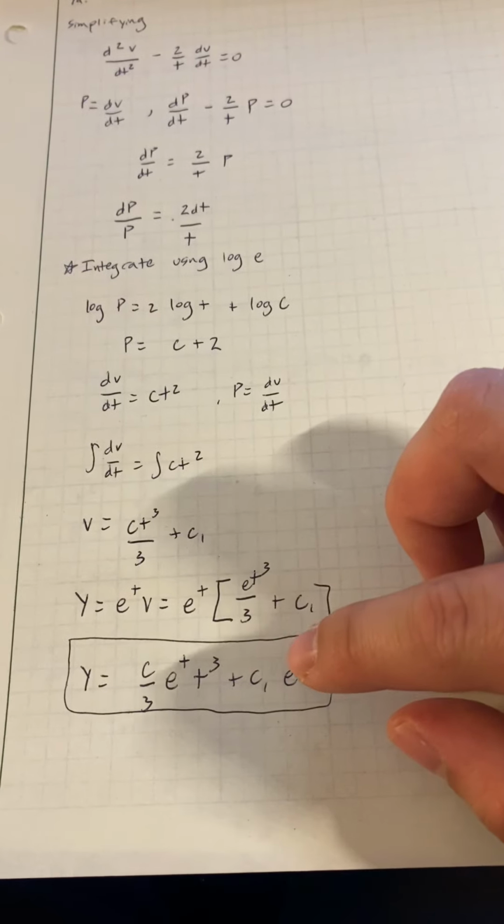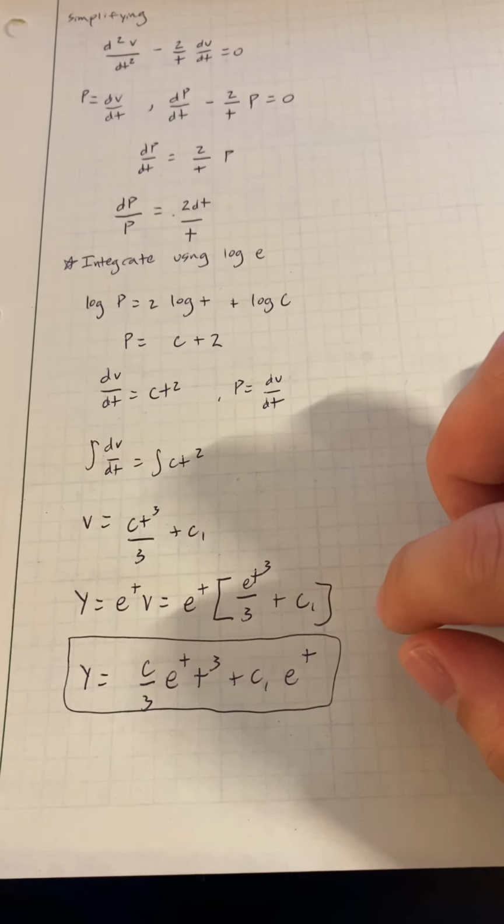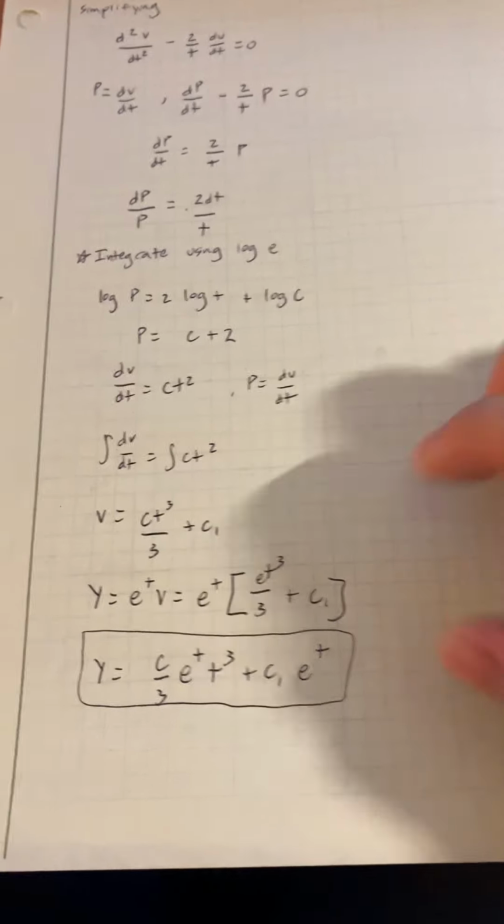This is the final answer: c over 3 e to the t t cubed plus c1 e to the t.